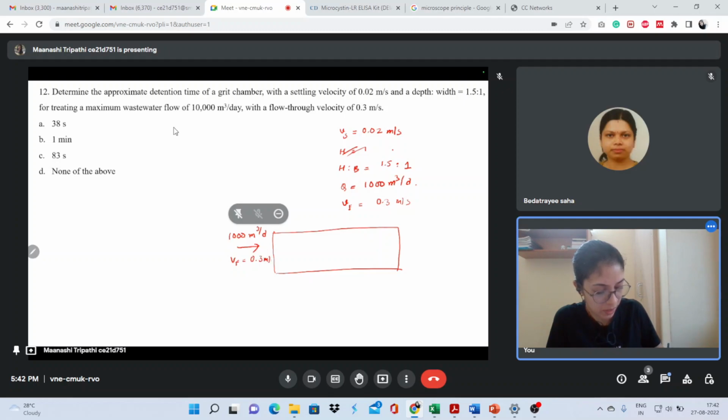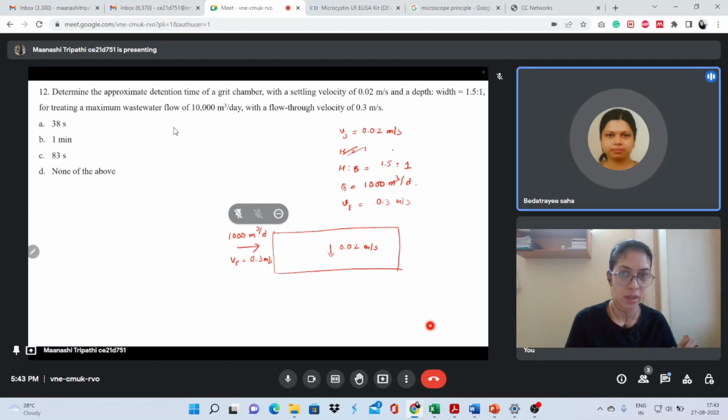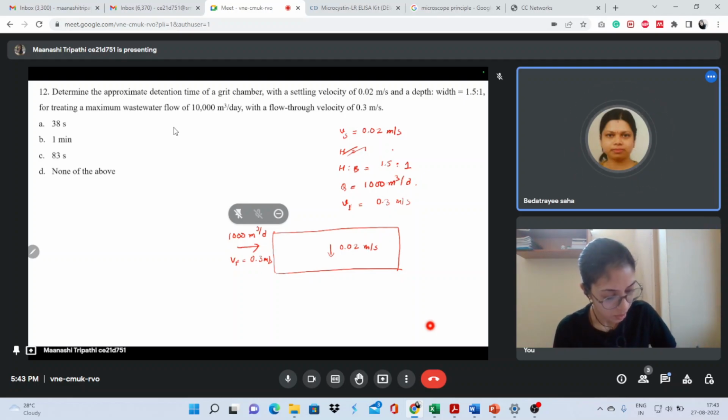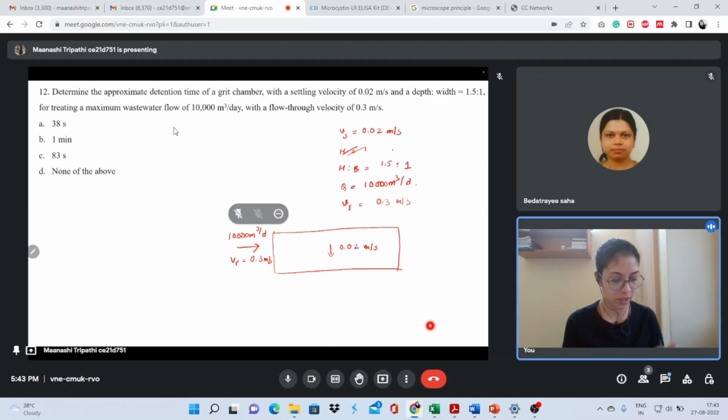Wastewater flow is 10,000 meter cube per day.